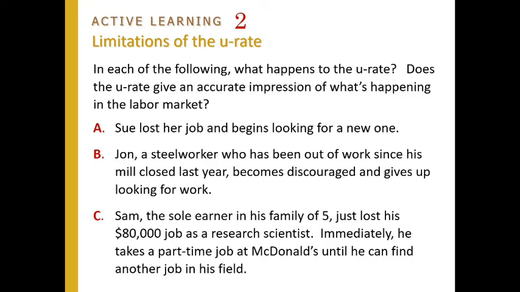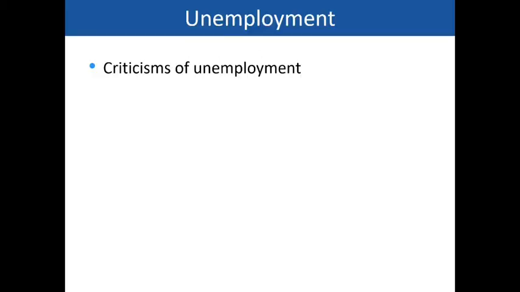When we look at John's situation and Sam's situation in these examples, we can tell that the unemployment rate has limitations. It's not a perfect measure of the unemployed. So, what are the criticisms of the unemployment rate?